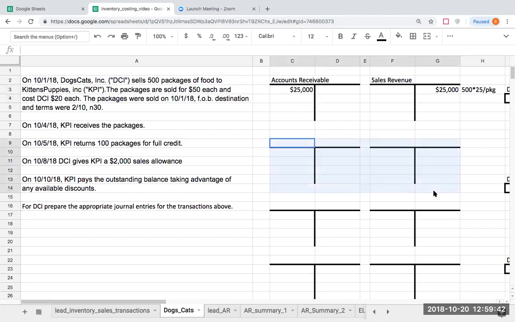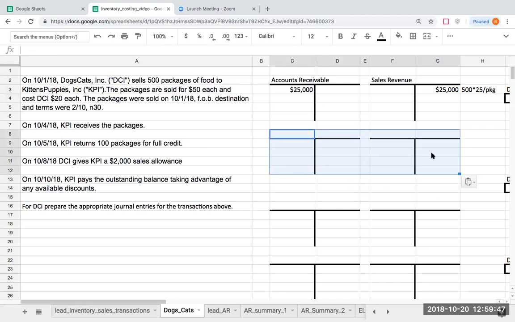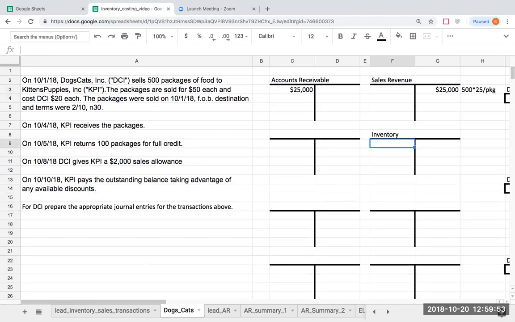What else is happening on this day? Well, I'm having inventory leave my books. And why is that? If I'm purchasing something from Costco, we have that first part above showing the amount of the sale, debit to cash, credit to revenue.